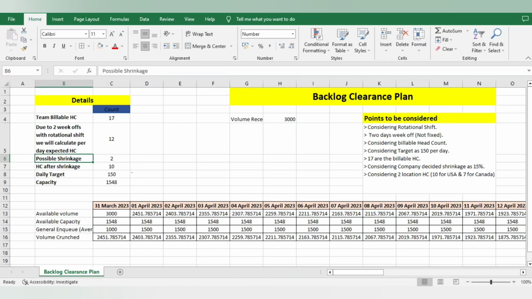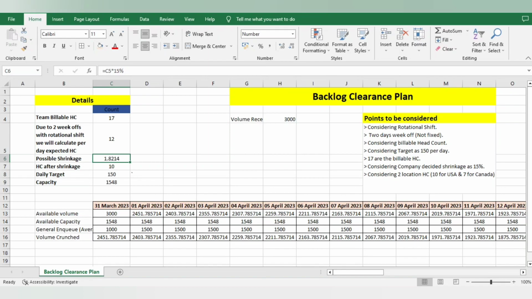Every company will have a certain percentage of shrinkage, acceptable shrinkage, either planned or unplanned. I'm considering 15% is the shrinkage that can be accepted by my company. Now, after removing those 15% of shrinkage, how can we do that? C5 is the 12, the number which we got per day. Now I'm just multiplying it with 15%. I will get the answer as 2 point something.